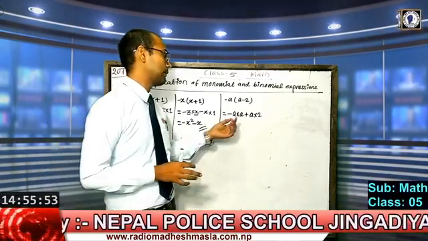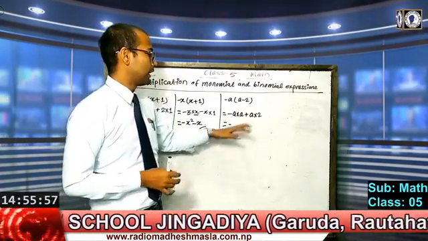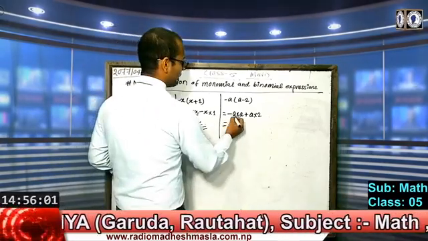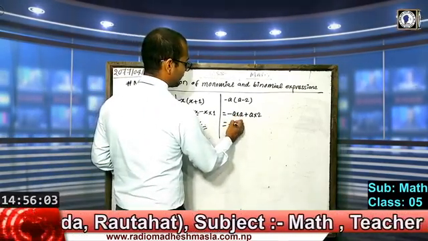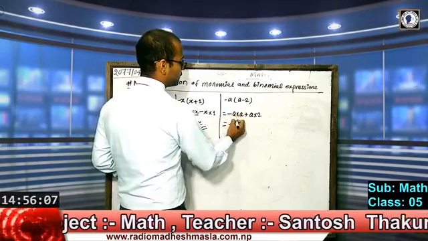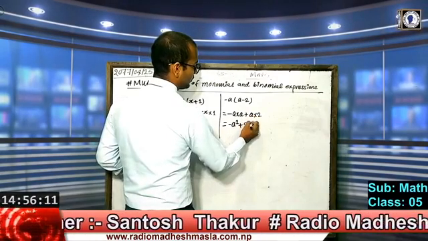So here we have the same base a and a, so we should add their powers. There is no power, which means power 1, so 1 plus 1 is 2, and plus a into 2 is 2a.